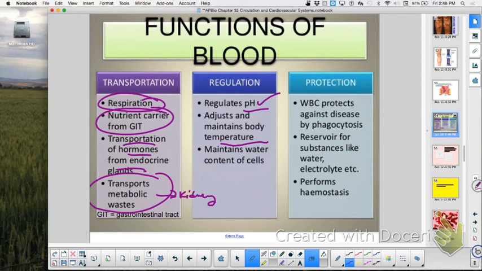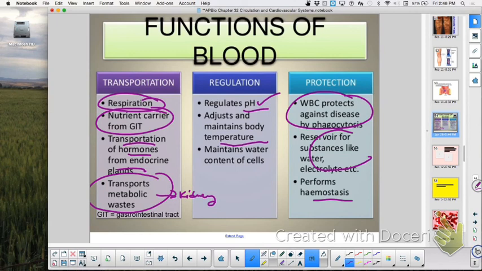It maintains water content of cells, because any fluid in your capillaries can go out and be tissue fluid, due to the thing I hadn't explained to you yet. And then it's carrying your white blood cells, and it's a reservoir. Look that up. Google it.